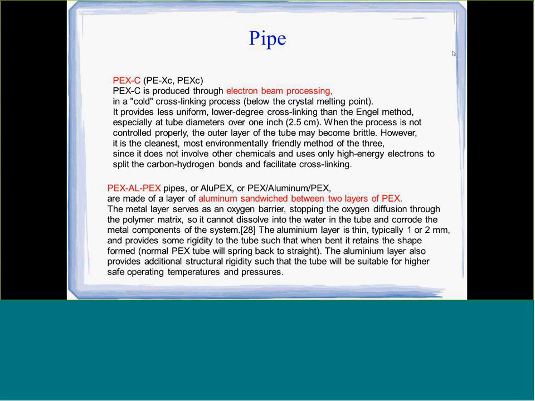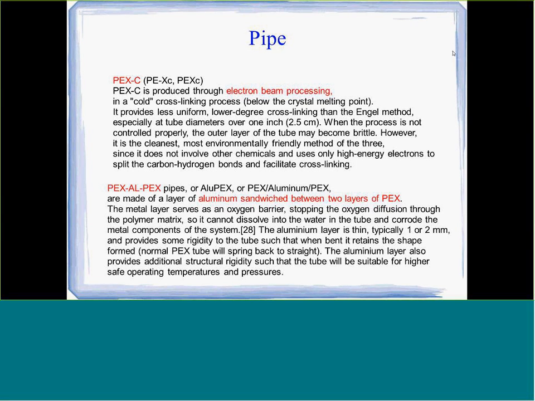The PEX C pipe is usually a bit stiffer than the other types of pipe, and again, it's typically used in pipe above 2 inch just because of the difficulty to cross-link with the other methods once you get to that size. The last one is what we call PEX-AL-PEX. It's a PEX pipe with an aluminum layer sandwiched between 2 layers of PEX.